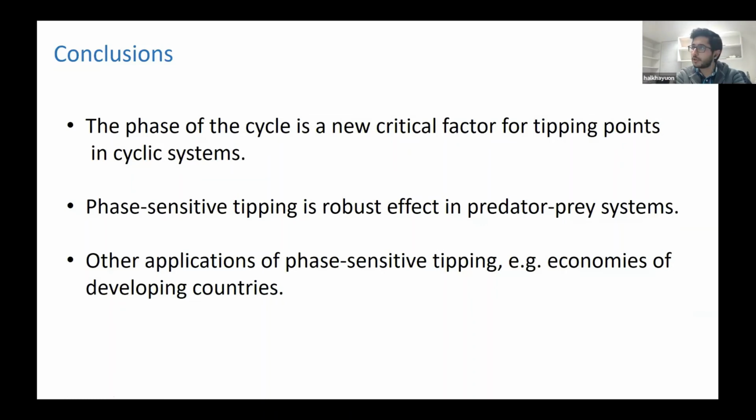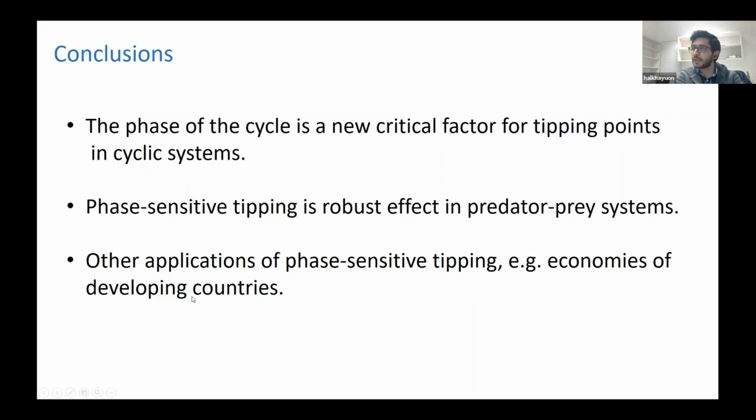So for the Rosenzweig-MacArthur model, for example, we identify an entire region in the parameter space where this phase-sensitive tipping can happen. And also we have been looking at another example of a predator-prey system, which is the May model, introduced by Robert May in the 70s, and we have been able to identify similar behavior.